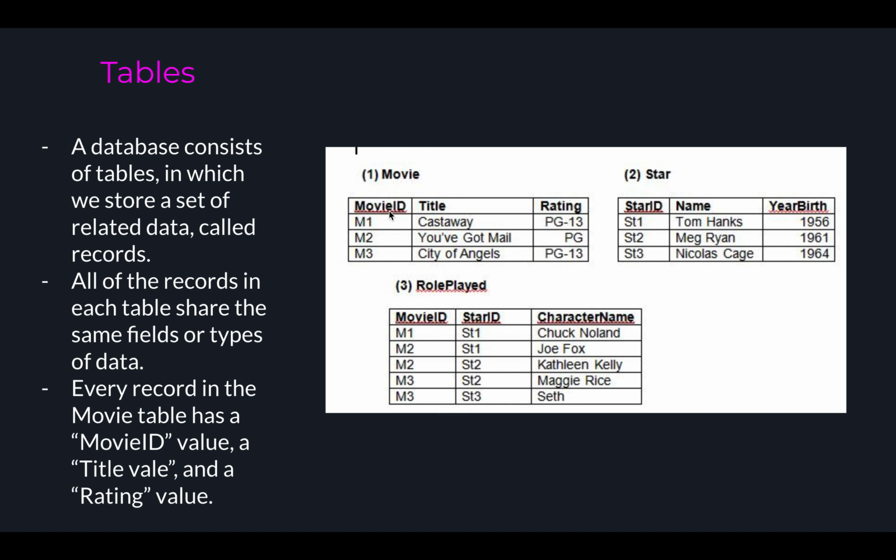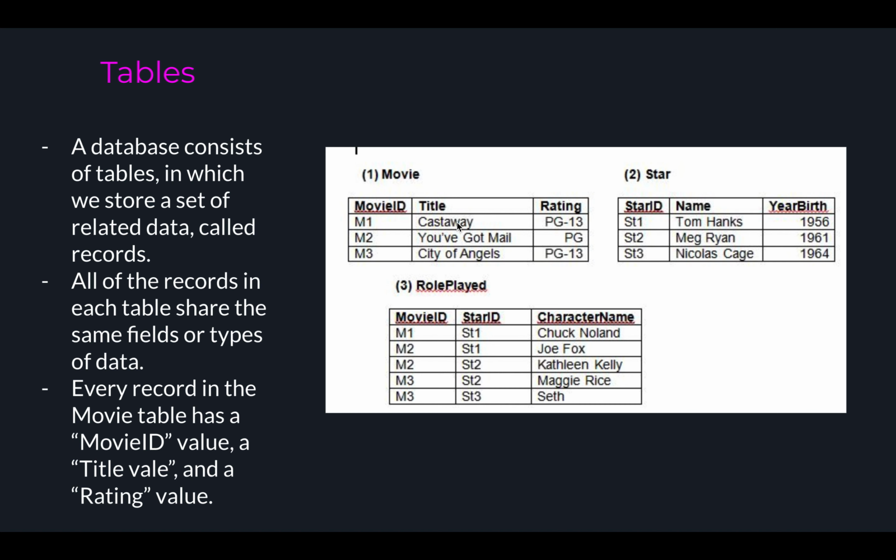Also, in each table, we have things called fields: movie ID, title, and rating. These are the specific types of information that each record will have. So each record in this table will have a movie ID, a title, and a rating. In reality, when we start talking about databases, certain fields are optional and certain fields are mandatory.